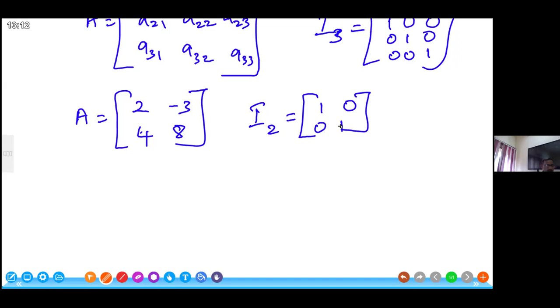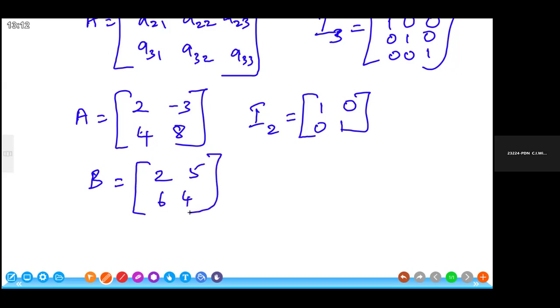Can you find out the value? Let's say another matrix B: 2, 5, 6, 4.